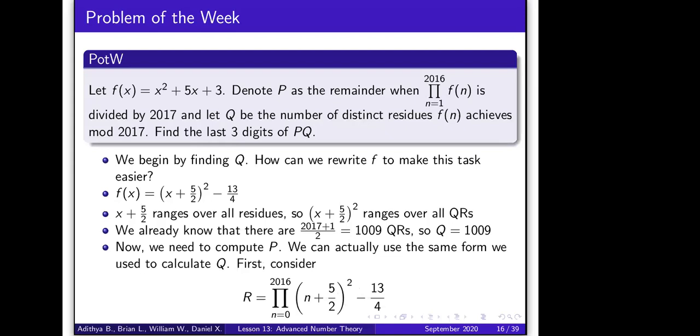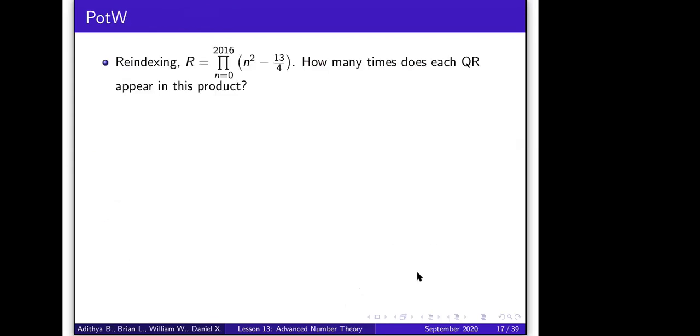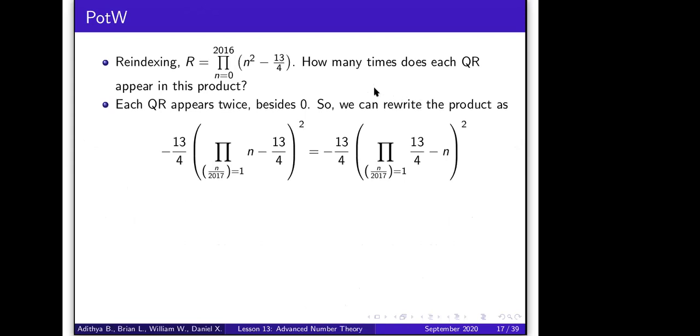So now I is still going to range between 0 and 2016, since ranging between 0 and 2016 is the same as ranging between 5 over 2 and 2016 plus 5 over 2. But it's unnecessary since anyways we're going to reduce the question to quadratic residues now.